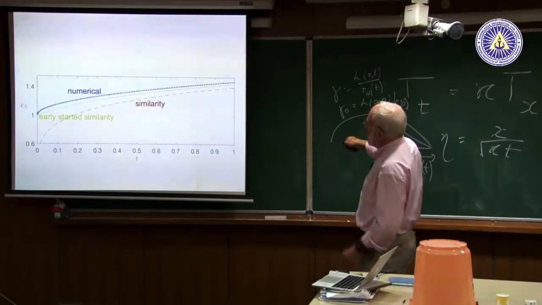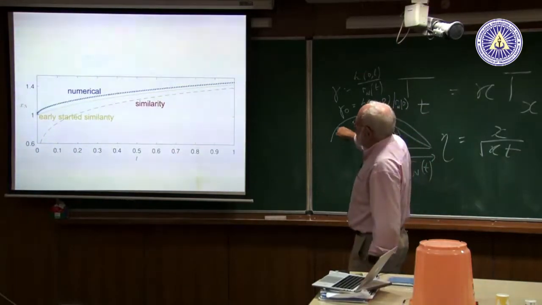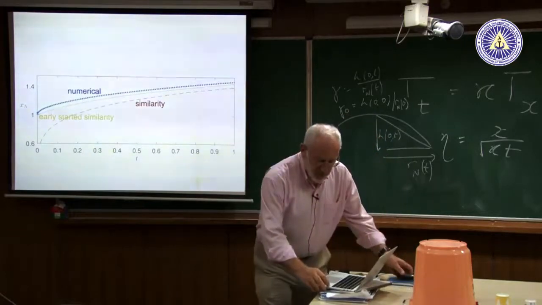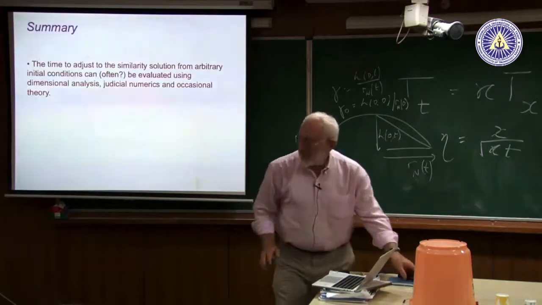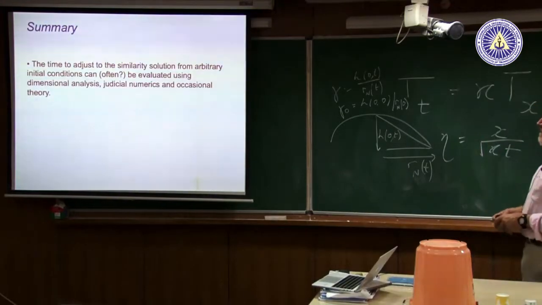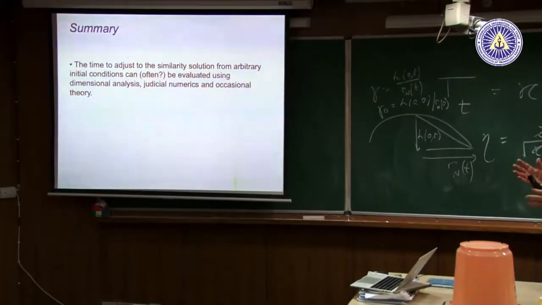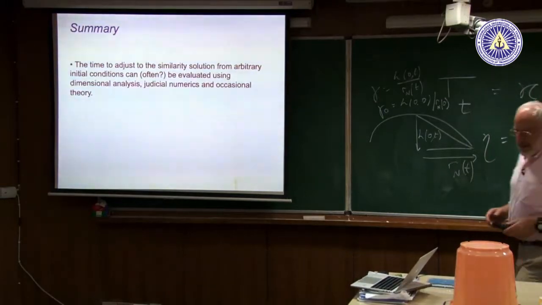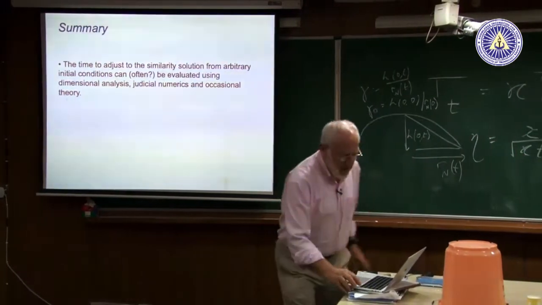They squash up together, so in the end, for a very large time, they'll all be the same when they've forgotten the initial condition. So a summary is you can work out the similarity solution, how long it takes, using dimensional analysis. Well, often you can do that, I hope, and occasionally using some theory.